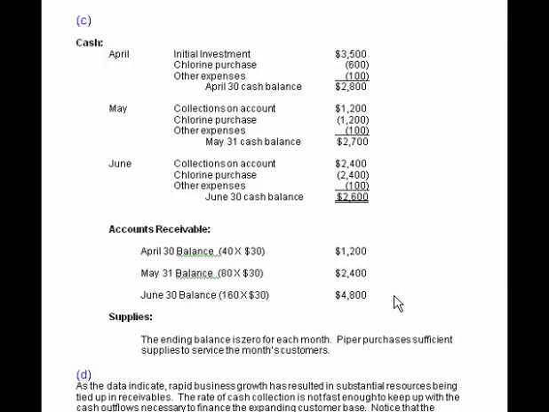And at the end of June, using the same logic, we have 160 customers times $30. So we're owed $4,800. Now, interesting enough, the supplies balance is always zero. They purchase sufficient supplies to service the month's customers, so that at the end of every month, supplies are purchased. And the last comment, let me slide this a little bit here.